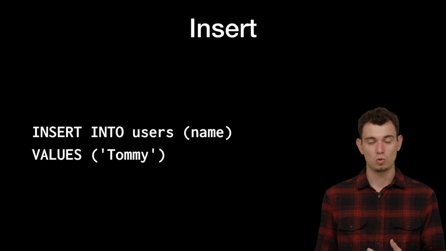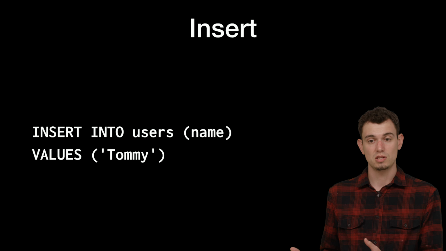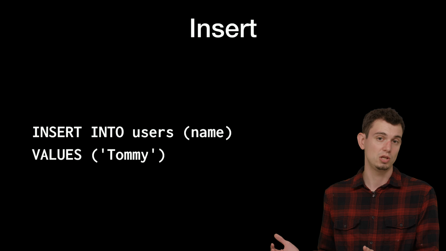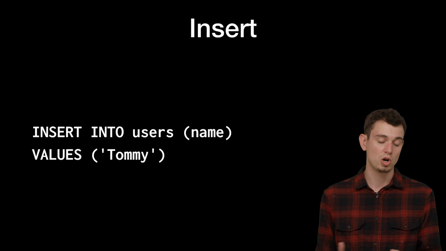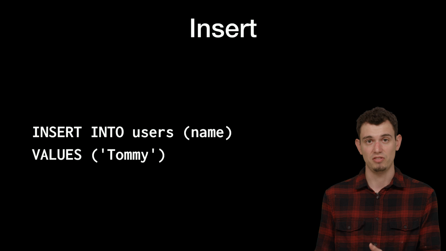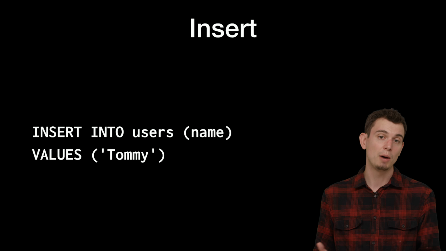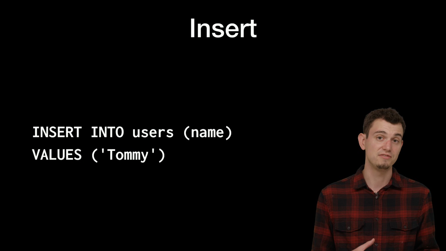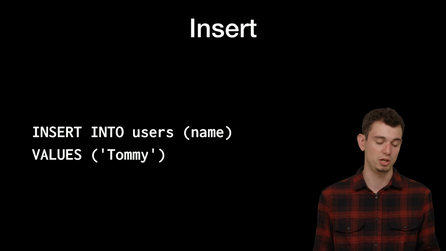To write an insert query, we're going to say insert into, followed by the name of our table, which is users, and then in parentheses, the names of the columns that you want to specify values for. In this table, we just had one column called name, so we'll have that. Then we have the word values, and then again, a comma-separated list of all of the values that we'd like to insert. So here we're inserting a single value of Tommy.